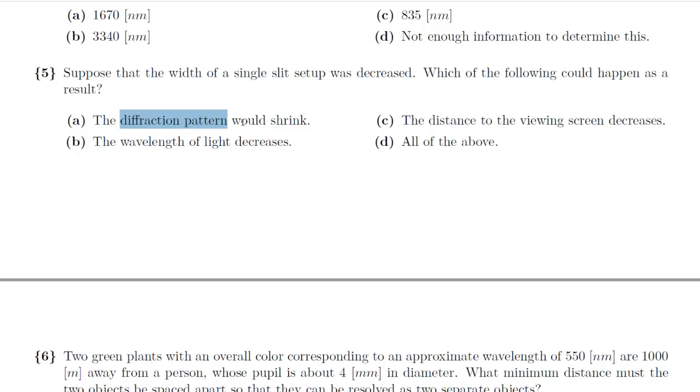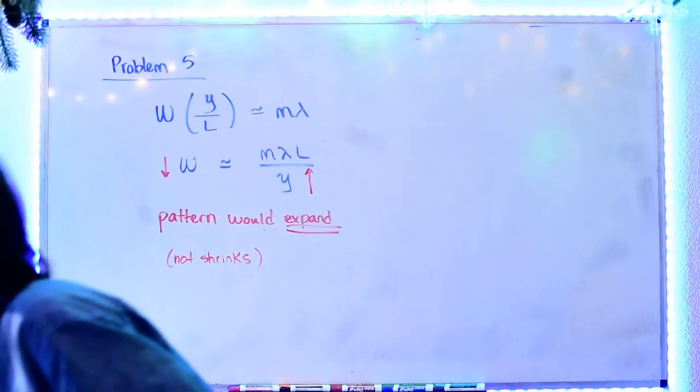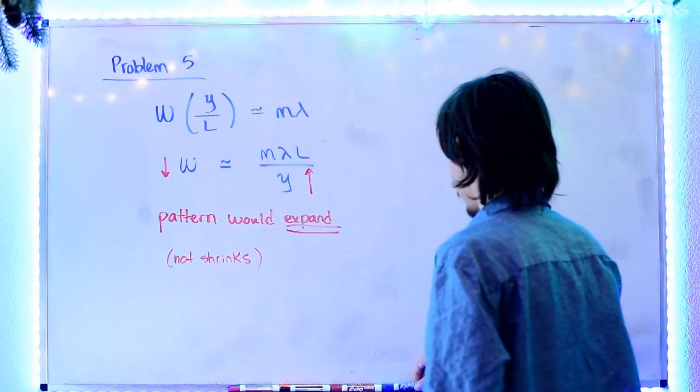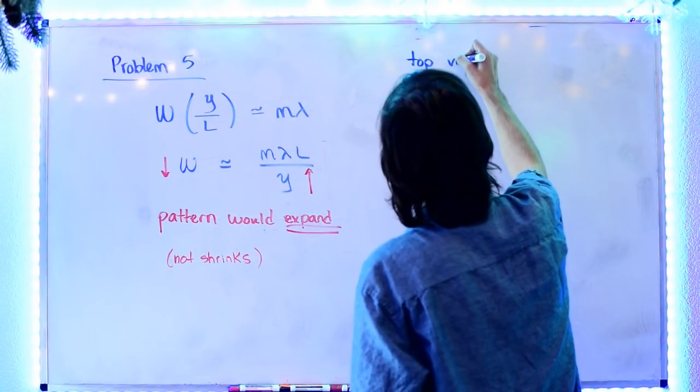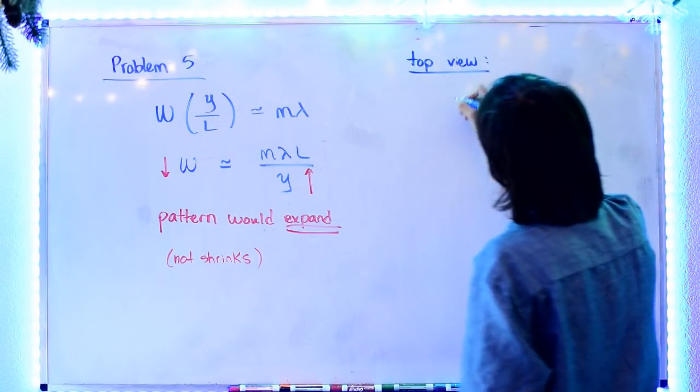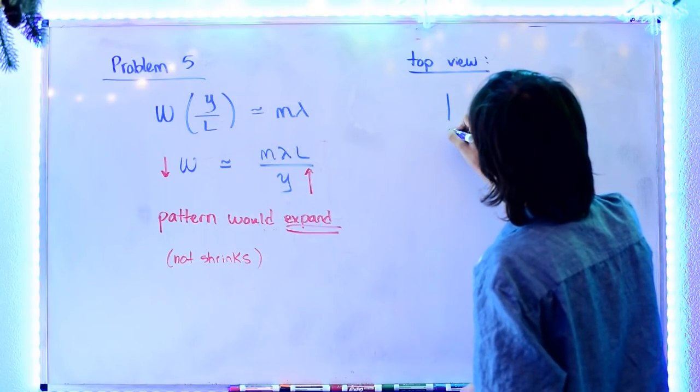Y is always, always, always the distance along your viewing screen. Let me do this. Okay, so here's the top view. This is the typical view that we draw.